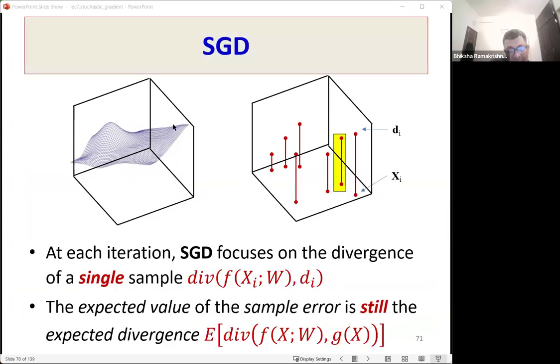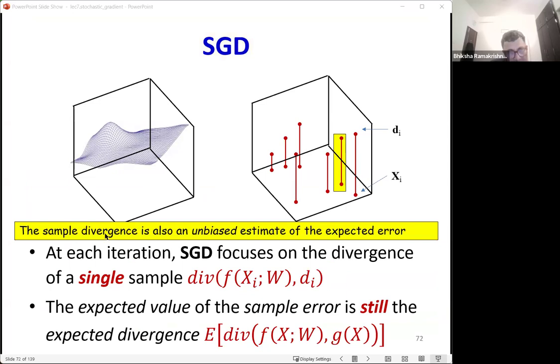Okay. Now, if I look at stochastic gradient descent, I'm not taking the average of many divergences. It's just the divergence over a single training point. Even so, the expected loss is the same as the expectation of the divergence. So even for the SGD case, the sample divergence is an unbiased estimate of the expected error, okay?